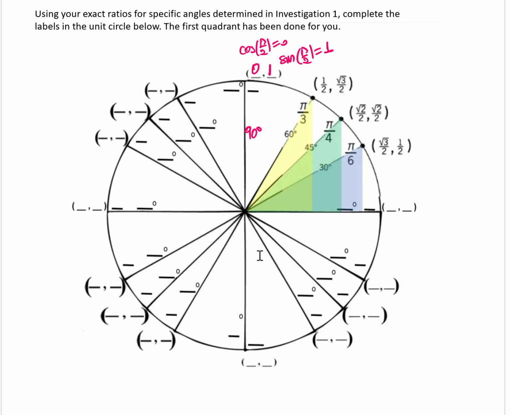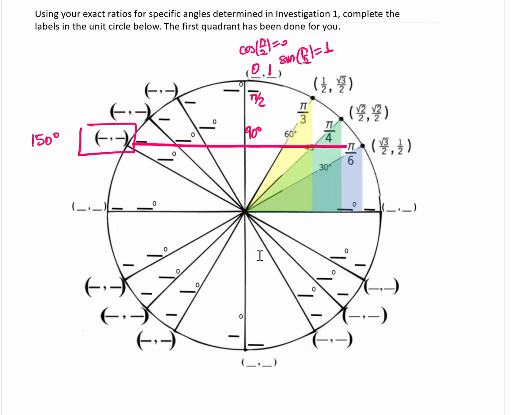For the rest of the angles you can use symmetry. Let's say, for example, I want to calculate the ratios for that specific angle here, which is 150 degrees. Through symmetry, I can look at the corresponding 30 degrees, or pi over 6.